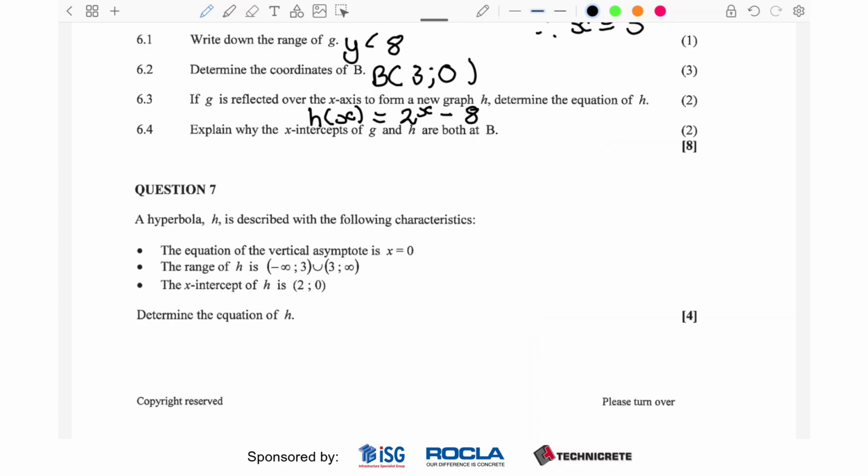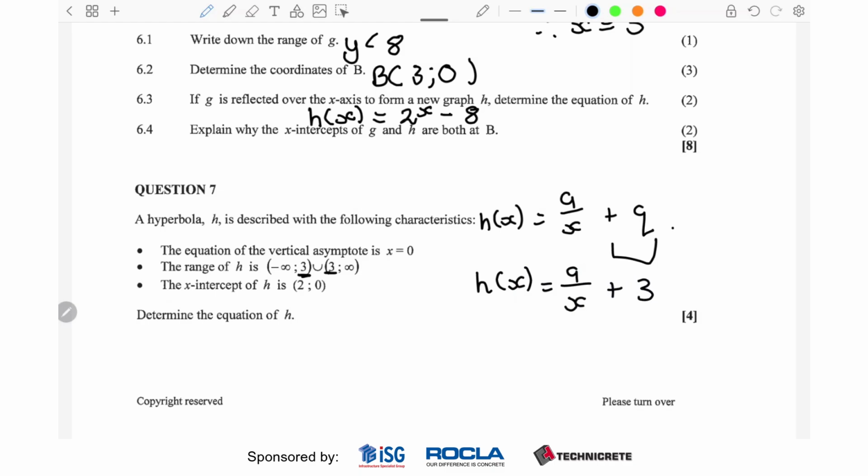Okay. So, since it's a hyperbola, we know the formula is h of x is equal to a over x plus q. Now, since we know the range excludes 3, we know that's our q value. So then we can write h of x is equal to a over x plus 3.